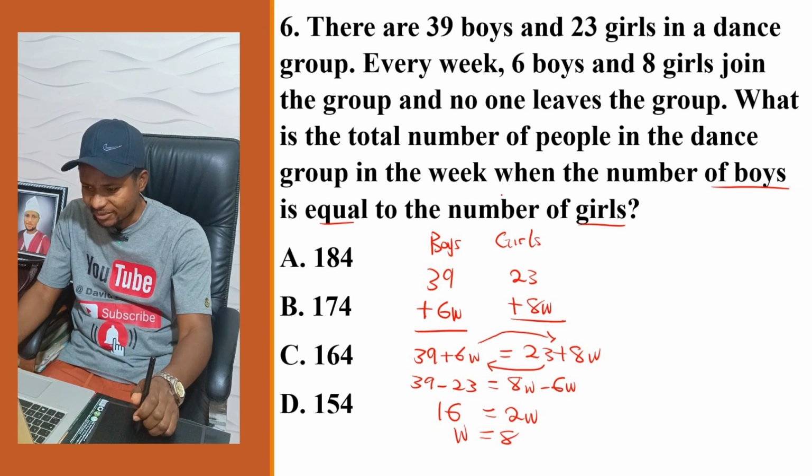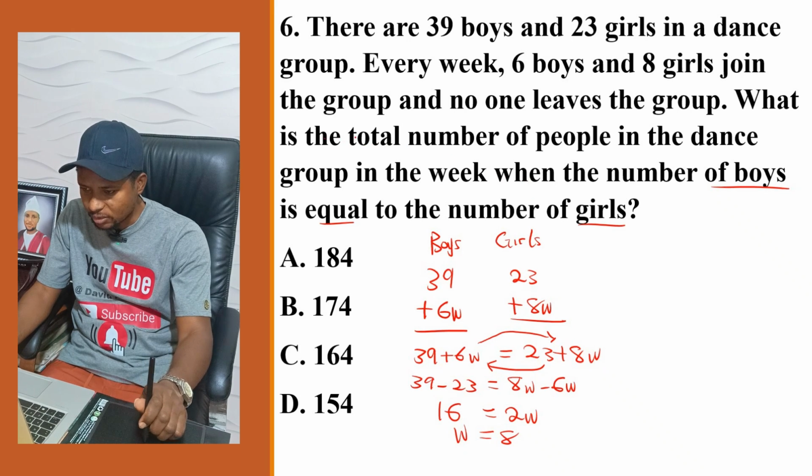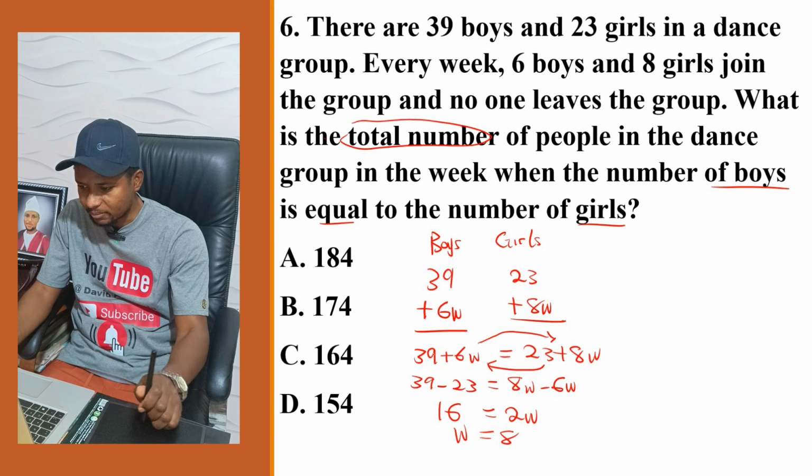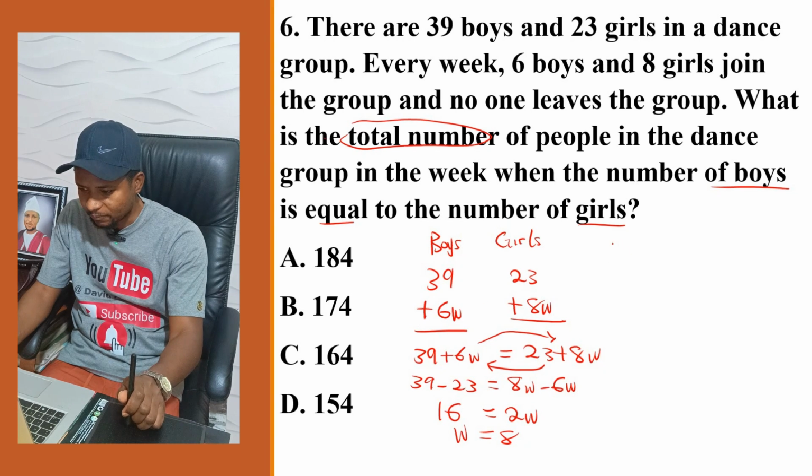Don't forget, that's not just the question. The question says, what is the total number? So for the total number, we have said the boys will be 39 plus 6W, while the girls will be 23 plus 8W.